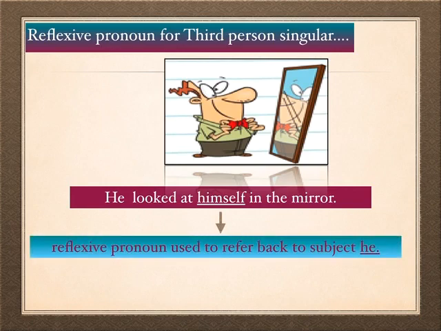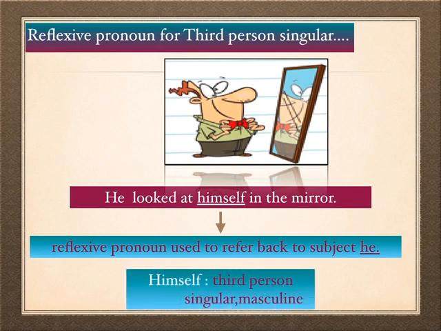So himself is the reflexive pronoun used to refer back to the subject he. So himself is used as a reflexive pronoun for third person singular and masculine gender.